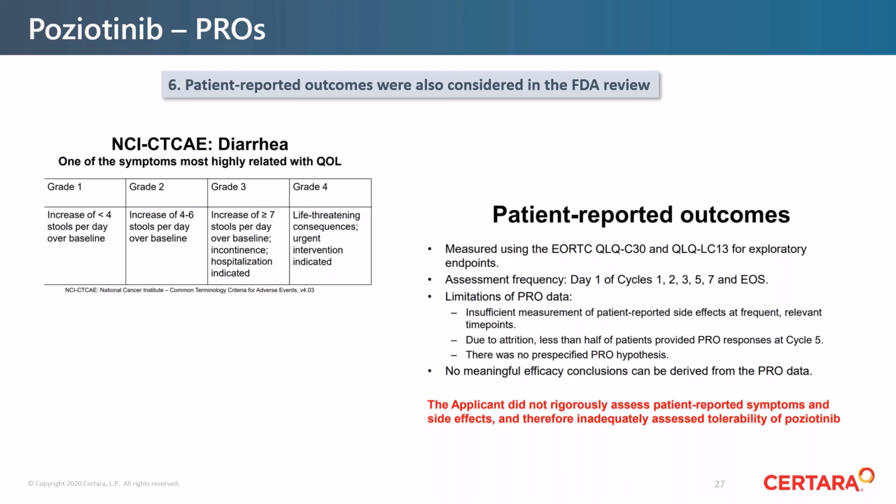In the case of Poziotinib, they noticed that the PROs were not adequately assessed. So this case example really shows how the FDA now reviews the dose selection at NDA stage with a focus on recurring toxicities, patient-reported outcomes, and how the dose was optimized.